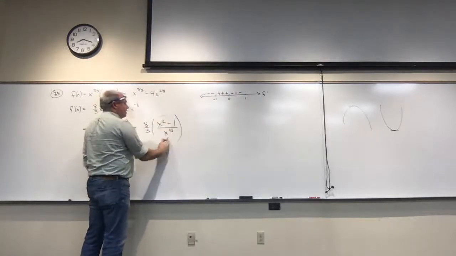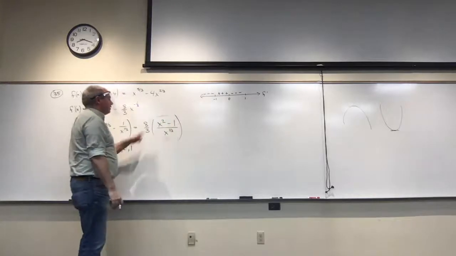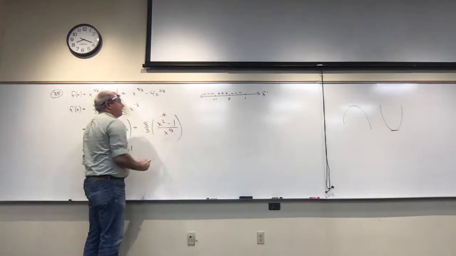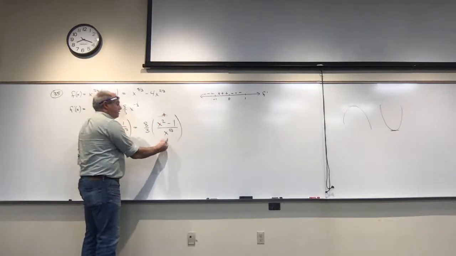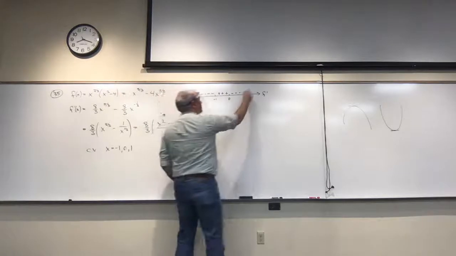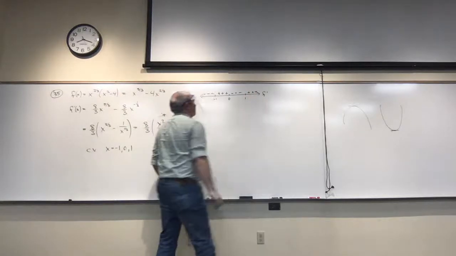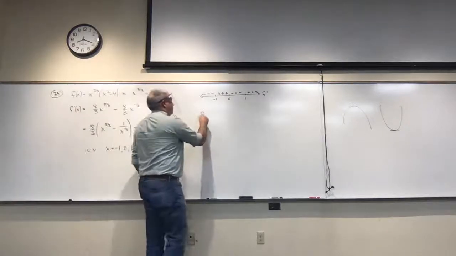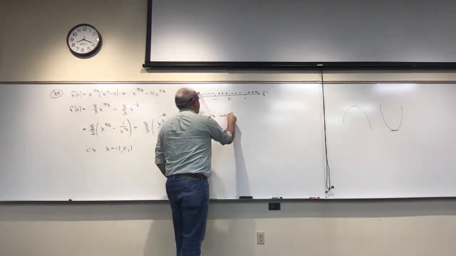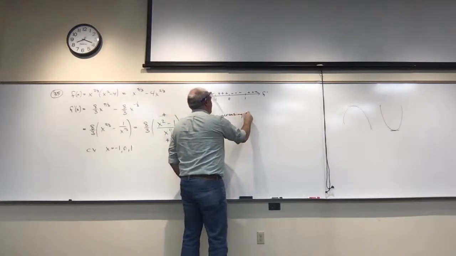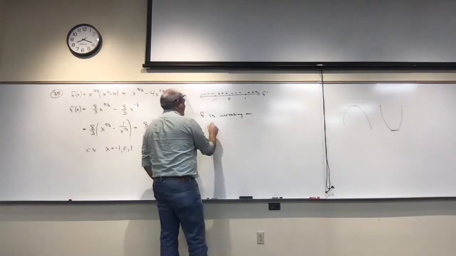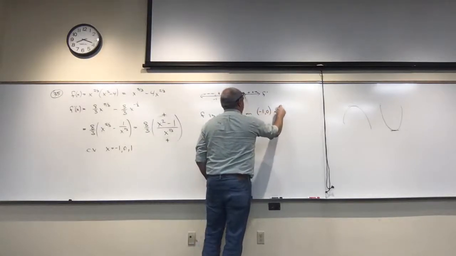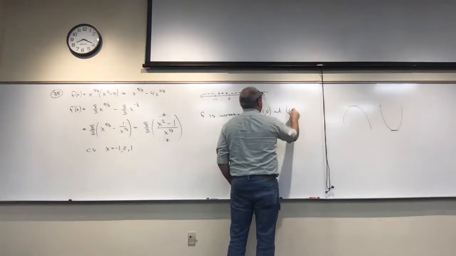And then let's test a number like 2. 2 squared is 4 minus 1 is 3, which is positive. And the cube root of 2 is positive. So these would be positive. And so now we just need to write down our answer. And that is that f is increasing on the interval -1 to 0 and from 1 to infinity.